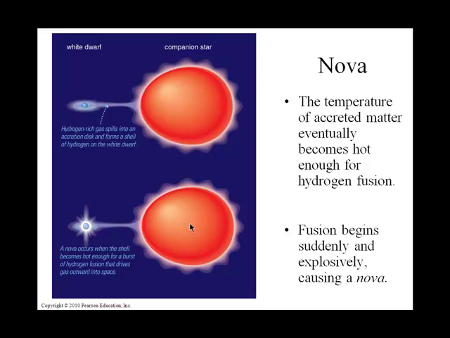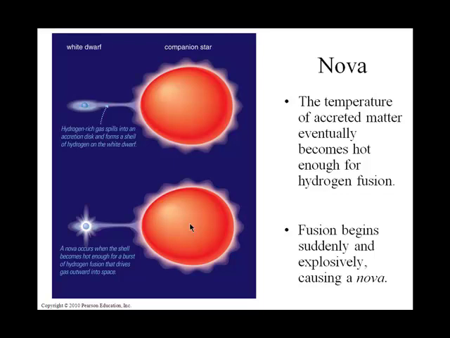And that's a relatively explosive event, I should say, not as energetic as a supernova, but we call that event a nova. So basically what a nova is, you have this situation I just described, a white dwarf and a companion giant star, and the white dwarf is getting material that's falling into an accretion disk. That material is heating up and it goes, and that's called a nova event.